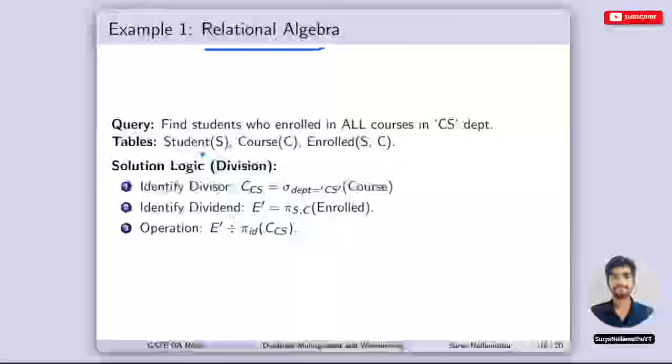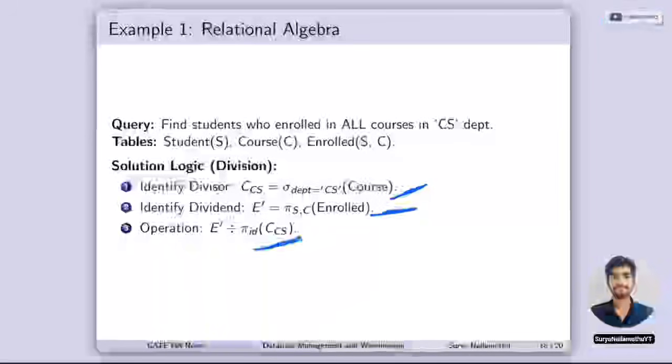The tables we require are the student table, course table, and enrolled table. The solution is, first identify the divisor. The divisor we have is course. The course is considered as the divisor, and enrolled we call the dividend. By applying the division operation in this situation, we find the relation of students enrolled in all courses of the CS department.